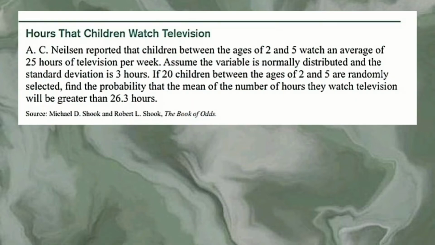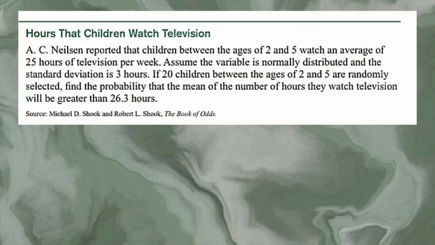I will give you an example for you to understand more about the concept of the central limit theorem. A.C. Nielsen reported that children between the ages of 2 and 5 watch an average of 25 hours of television per week.